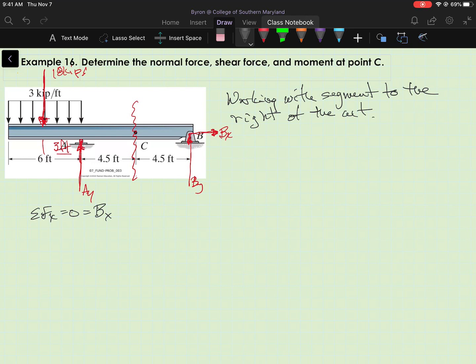And I can solve for B sub y directly by summing moments about point A. So sum of the moments about A, and that's going to include 2 moments, B sub y times the 9 feet that it's away from A, and then the 18 kips acting at 3 feet.